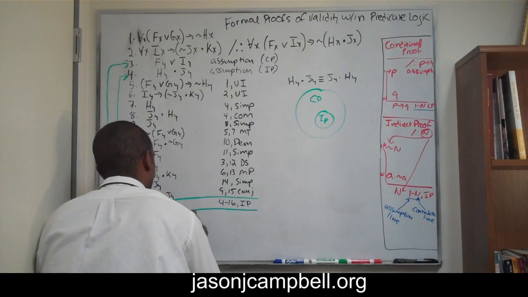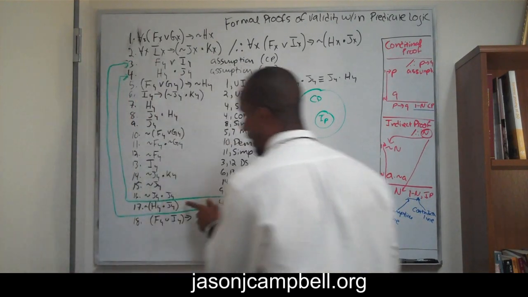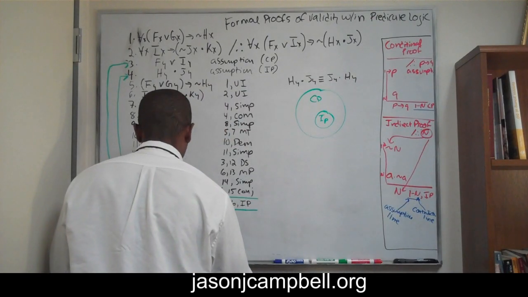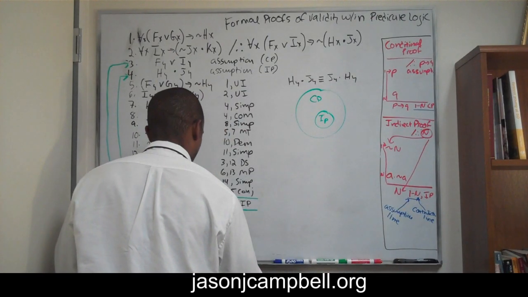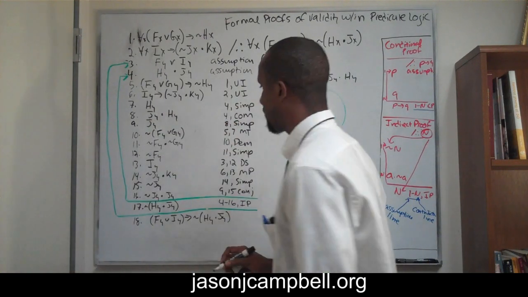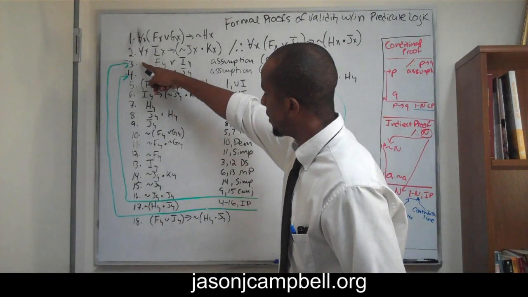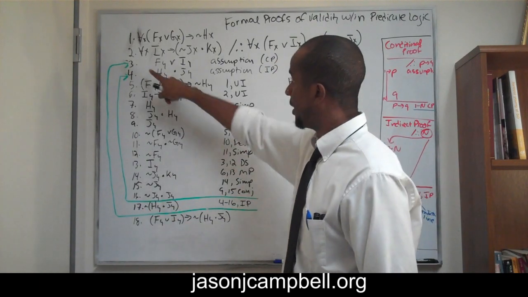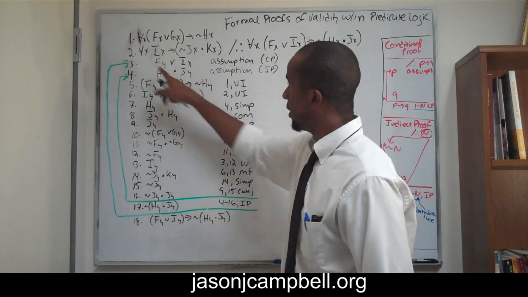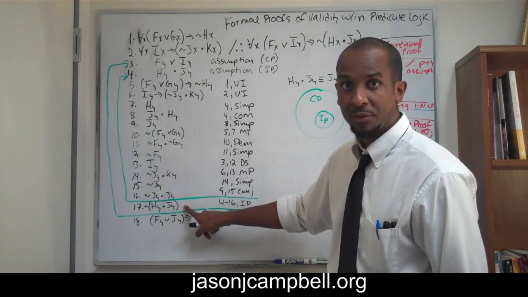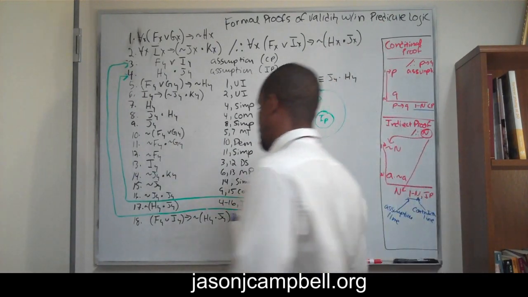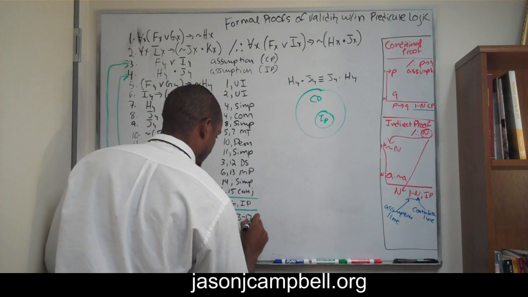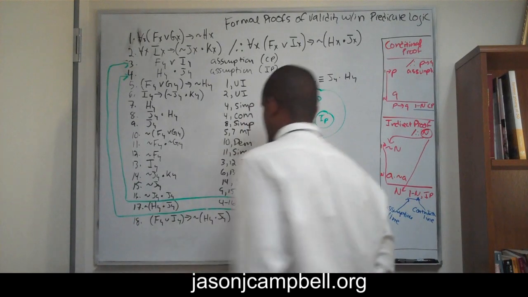If Fy or Iy, then what? Well, then 17, right? So it would be not Hy and Jy, and that's going to be justified by lines 3 through 17, conditional proof. Lines 3, where I made my initial assumption, to the consequence I was trying to derive, and that's going to be conditional proof. So that's going to be 3 through 17, comma, conditional proof, right?